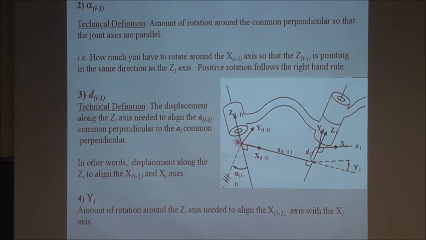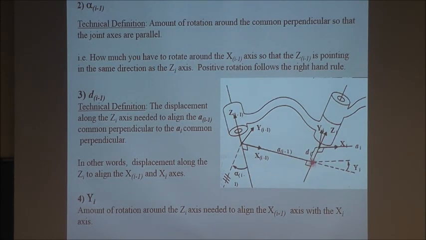So again, I repeat, you go from this point, you look at the perpendicular, you arbitrarily assign that perpendicular to be aligned with the x_{i-1} axis, and you move a_{i-1}, you come here. At this point, you have reached the vicinity of your next joint, but you're not aligned. You go alpha i to align it, but you are not at the coordinates yet.